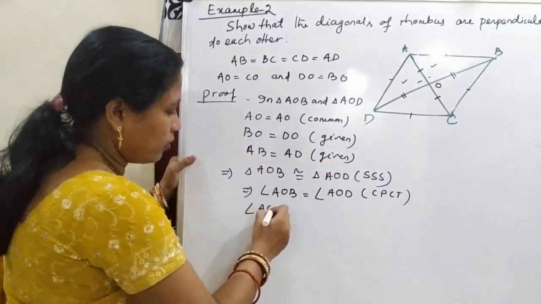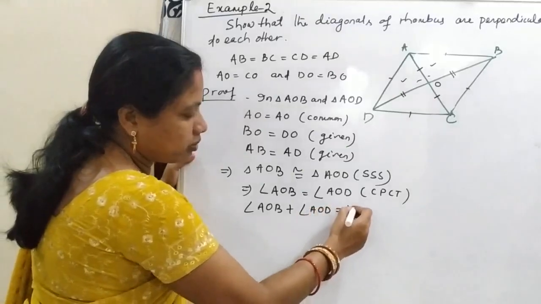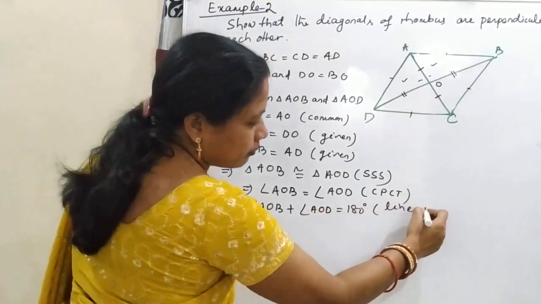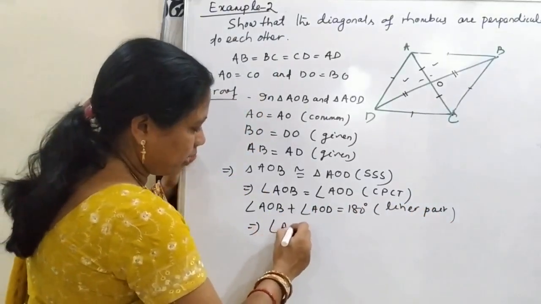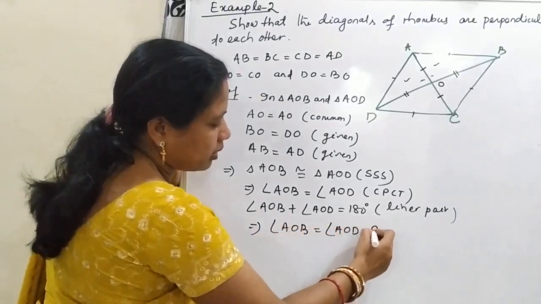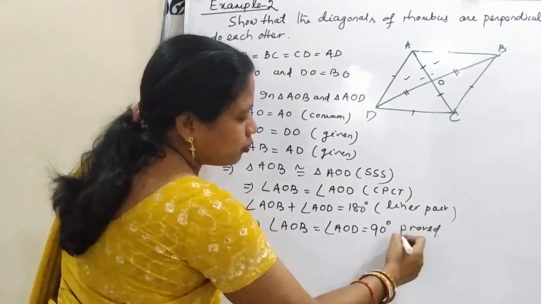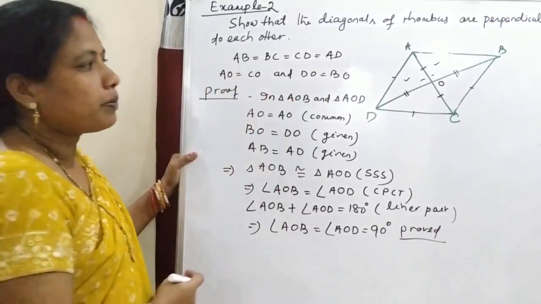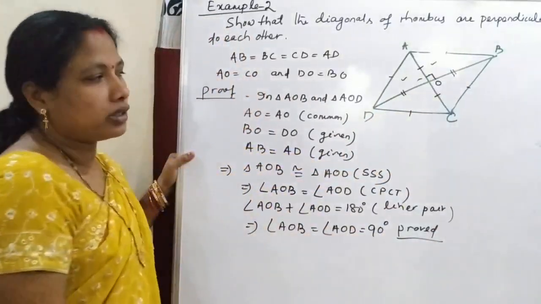Angle AOB plus angle AOD is equal to 180 degrees, linear pair. So this implies angle AOB is equal to angle AOD is equal to 90 degrees. So this is proved. We proved that the diagonals of a rhombus are perpendicular to each other.